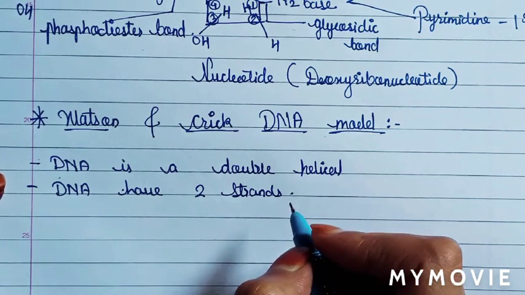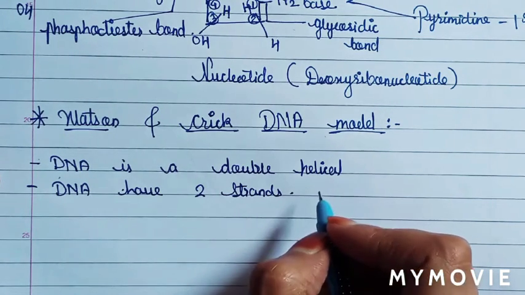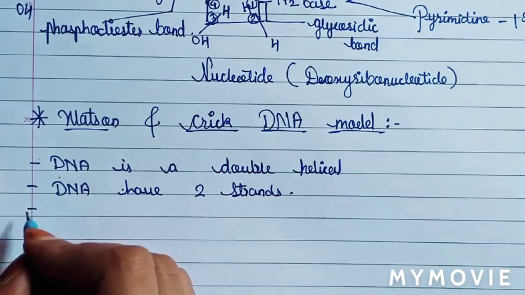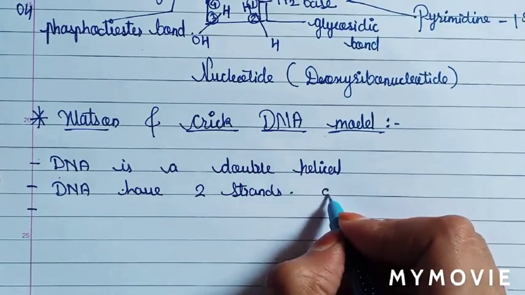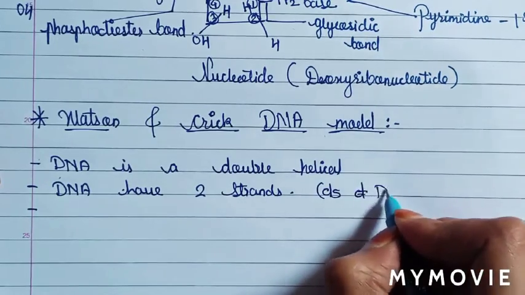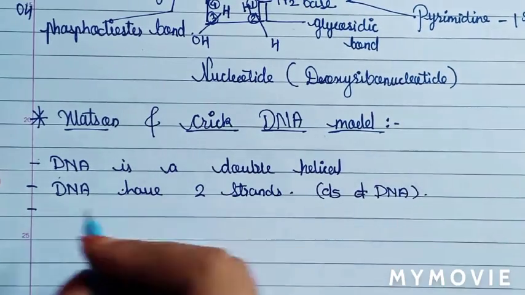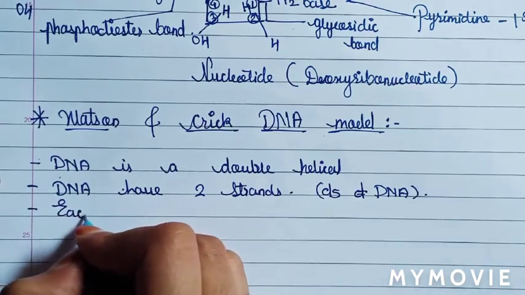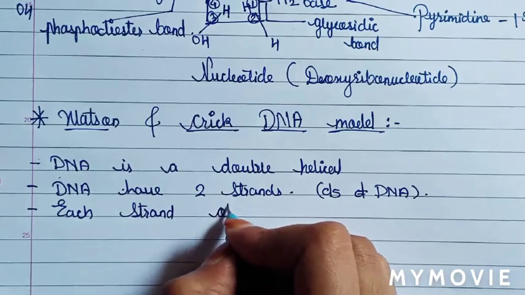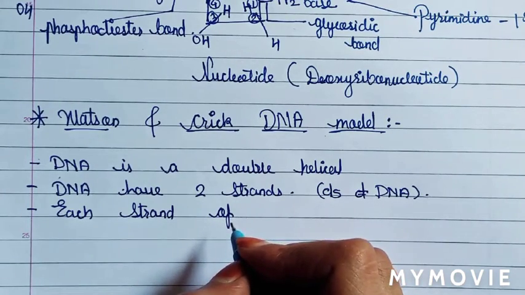Commonly we find double strand DNA and single strand RNA, but there are some exceptional cases where single strand DNA and double strand RNA are found. So we will write here dsDNA. Okay. It means each strand of DNA is made up of a chain of nucleotides.